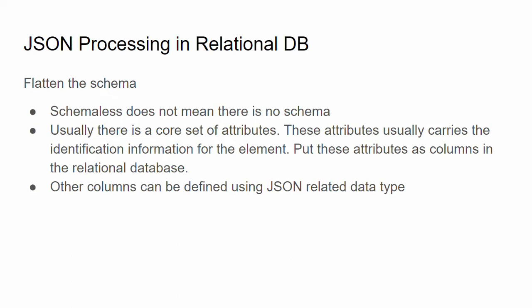Usually, for most JSON documents, especially those generated by a machine, there is a core set of attributes. These attributes usually carry the identification information of the document. And with these attributes, there will be other attributes suitable for each situation.